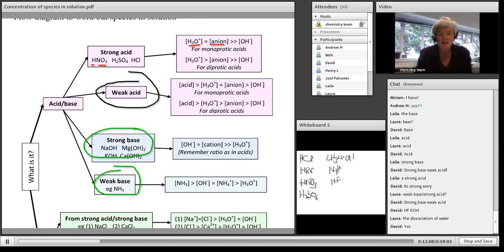So if we had nitric acid, you could write HNO3 plus water forms the hydronium ion and the nitrate ion. Okay? Please check your charges as well. I hope you can see that as a positive sign. So you've got 1 nitrate to 1 hydronium ion, so it's a 1:1 ratio. If I had, though, sulfuric acid, what sort of ratio would I have?